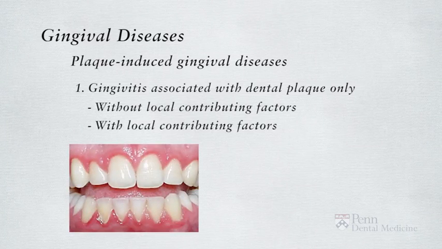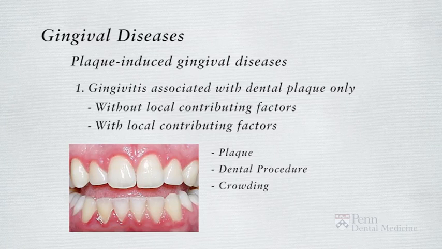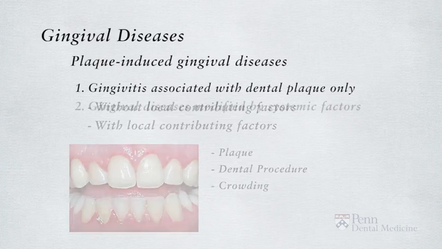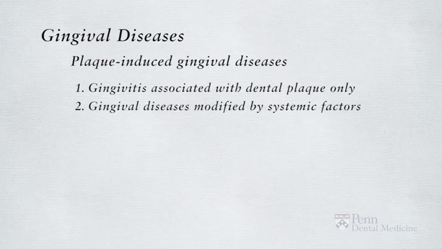The local contributing factors are plaque, poorly performed dental work, crowding, and otherwise any condition that prevents the patient from exercising good oral hygiene. There is a group of gingival diseases which is influenced by systemic factors.